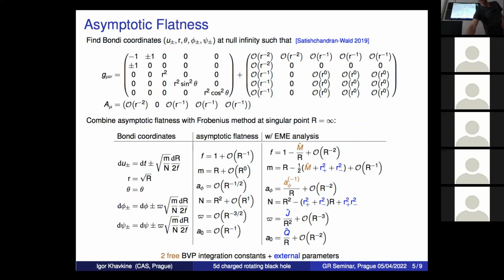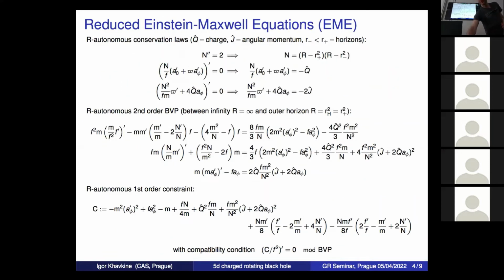Okay, but just to reiterate this point about the external parameters. Here we have 4 integration constants that appear as external parameters in the BVP, but the whole system is R autonomous. So any solution when shifted in R squared is still a solution, and that is obviously a diffeomorphism, right? So geometrically, these are not different solutions. So we're allowed to use this residual gauge symmetry, a shift in R squared, to shift it to any value that we like.